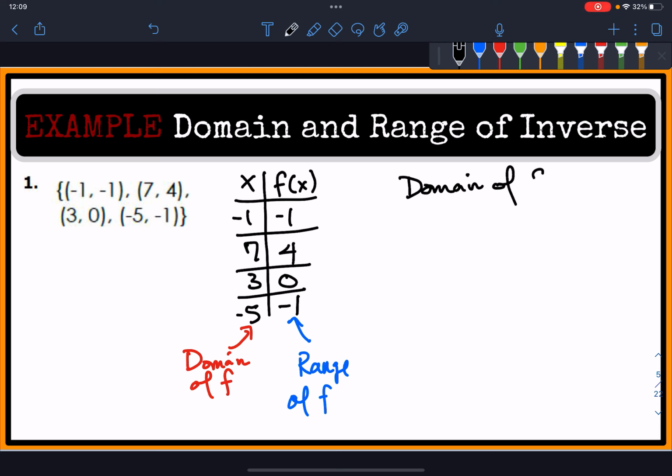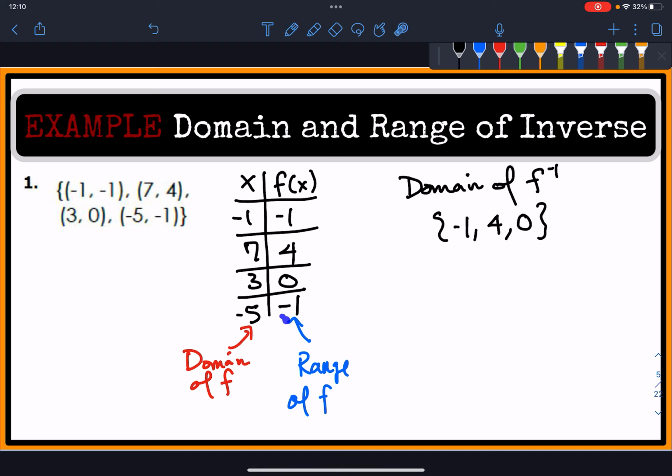To identify the domain for the inverse, it's simply going to be the opposite of this. If this is the domain of f and this is the range of f, then the range of f is going to become the domain of our inverse. We just simply switch the x and the y. So the domain of the inverse is going to be the set of negative 1, positive 4, and 0.